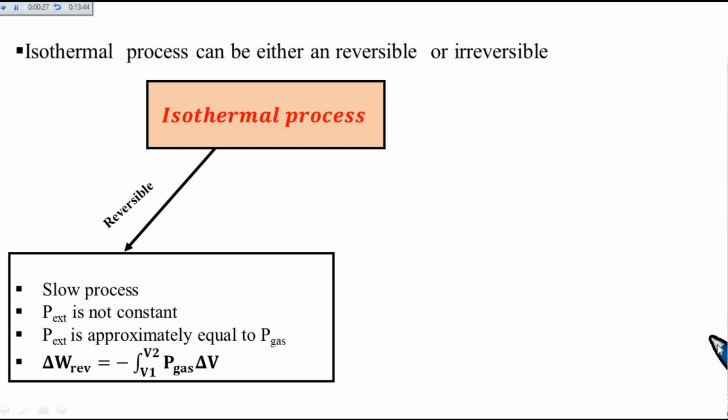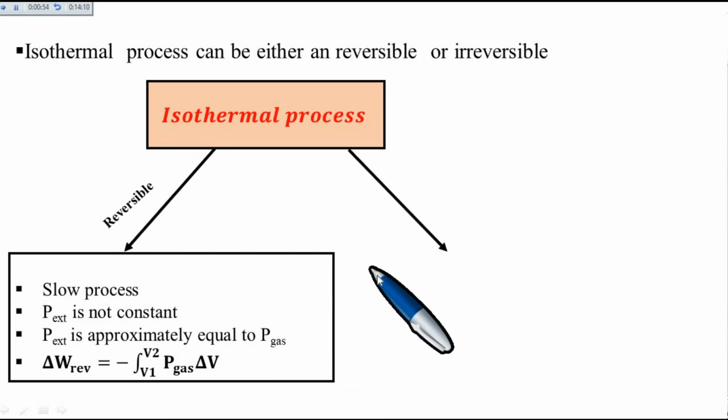In this case, we can use the pressure of the gas in the formula. Remember, dW, the change in the work done, is equal to the negative integral of the pressure of the gas times dV. Here we are using the pressure of the gas because the external pressure is approximately equal to the pressure of the gas in a reversible process.